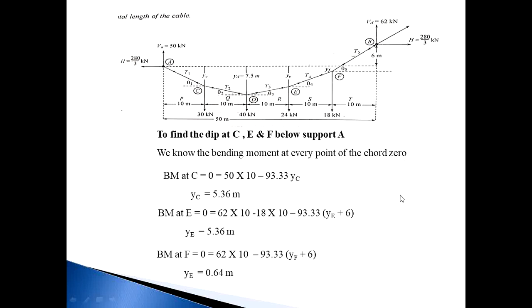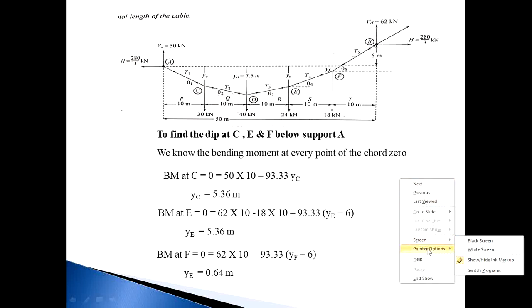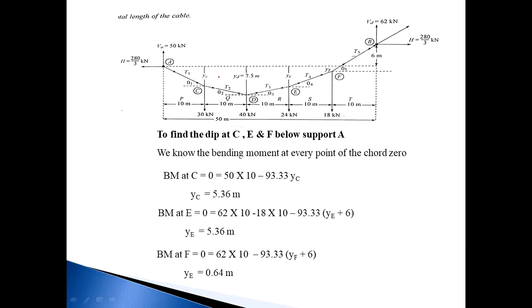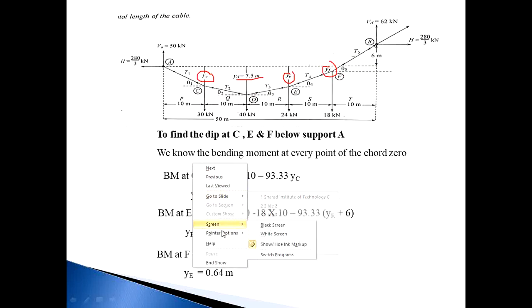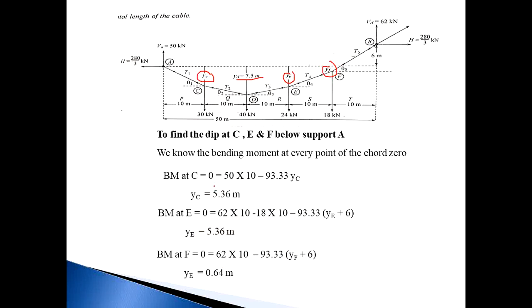Then next, find the depth of this cable with respect to A support, that is YC, YE and YF. Already YD is given. So first I want to calculate YC.